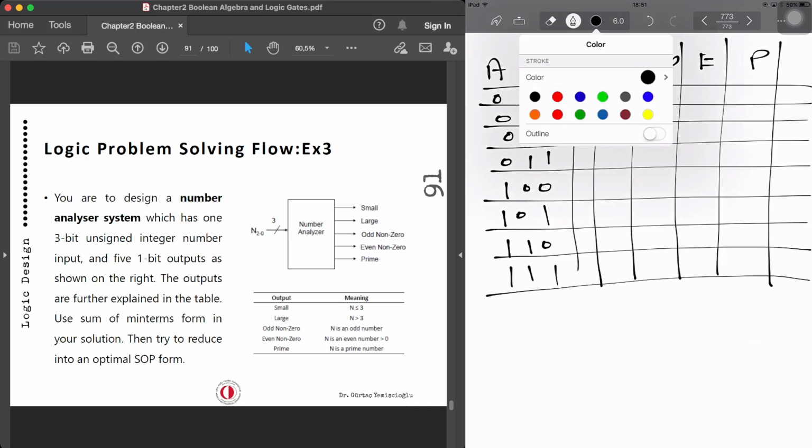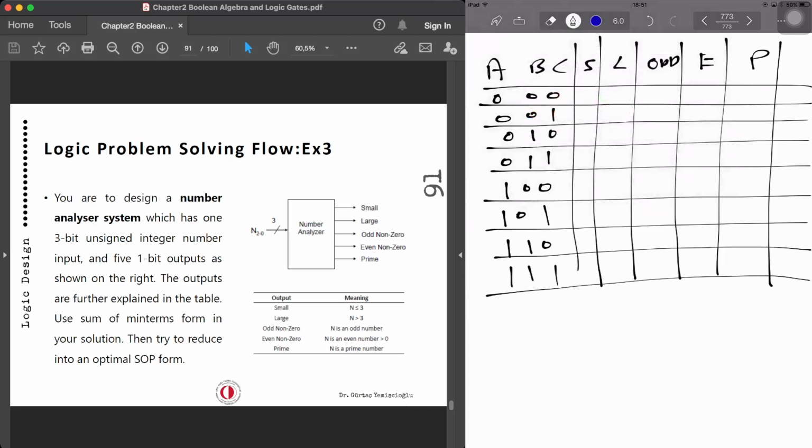Let's start with small. Small is a number which is less than 3. So 0, 1, 2 and 3 are going to be included, and the other ones are going to be zeros.